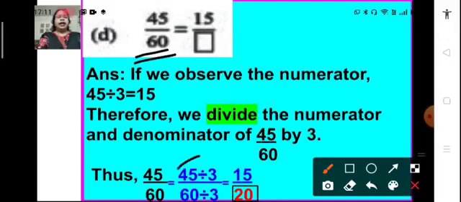So if we divide both the numerator and denominator by 3, what do we get? We get 15 upon 20. 15 upon 20 is the equivalent fraction of 45 upon 60, which has the numerator as 15. So the blank will be filled by the number 20.